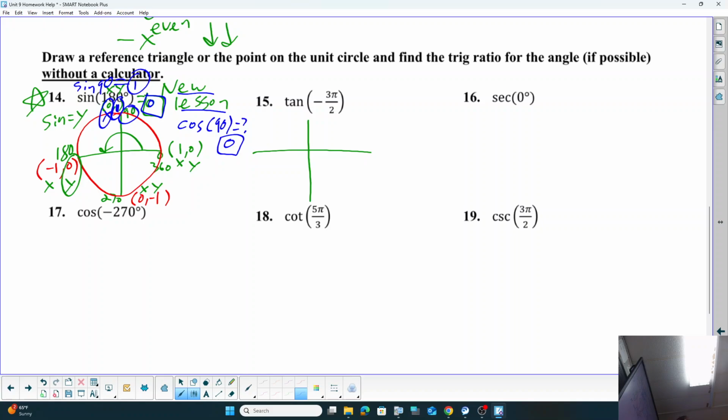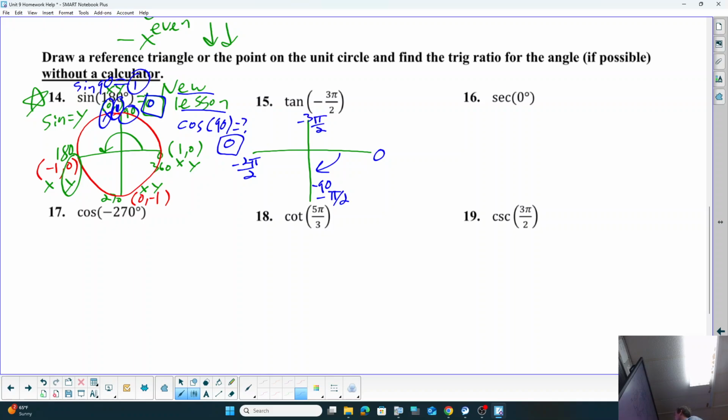Okay, so can you count negative 3 pi over 2s? You actually can, funny enough. Think about it. If this is 0, this is negative 90 degrees, but it's also negative pi over 2, right? Let's count by pi over 2s. So that's negative 1 pi over 2, negative 2 pi over 2, and this is negative 3 pi over 2.